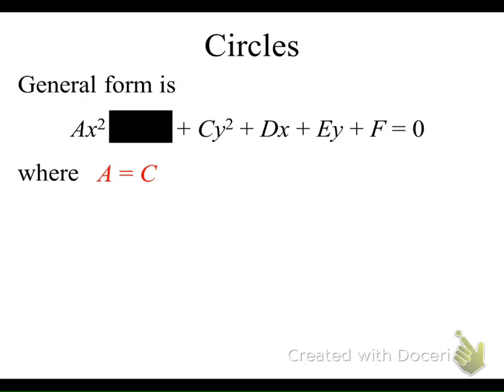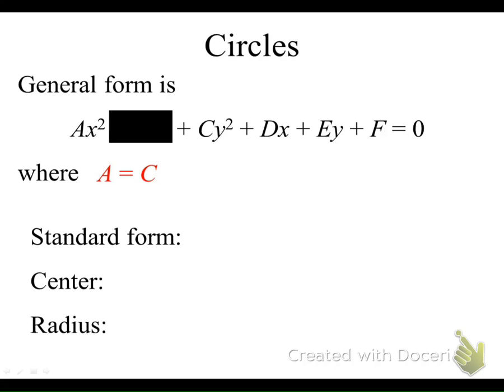General form is not a convenient form to graph from, so we will be changing these equations to an alternative form called standard form in order to graph our conic sections. Our first standard form equation today will be for circles. The standard form for a circle will look like quantity x minus h squared plus y minus k squared equals r squared.